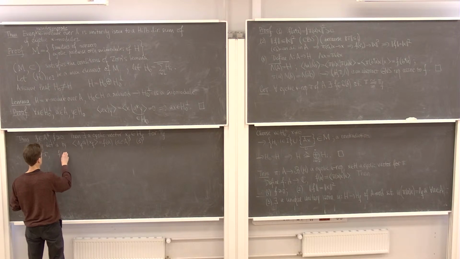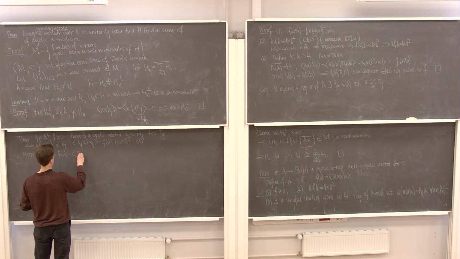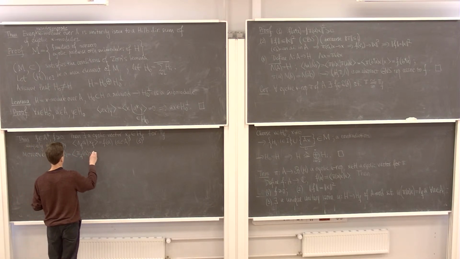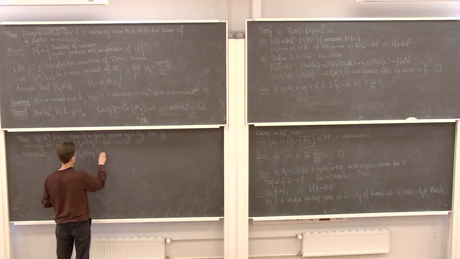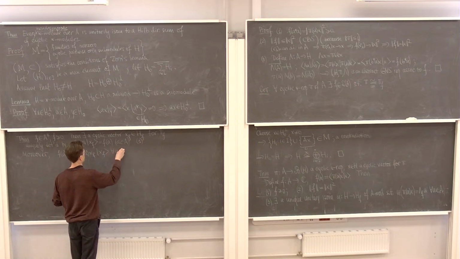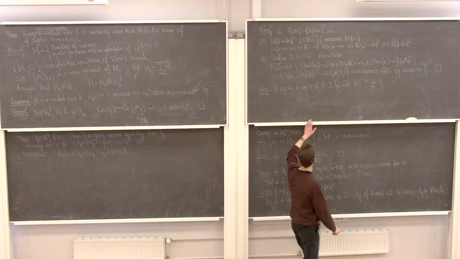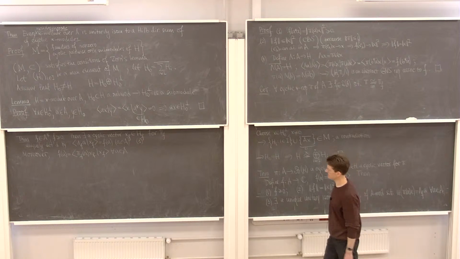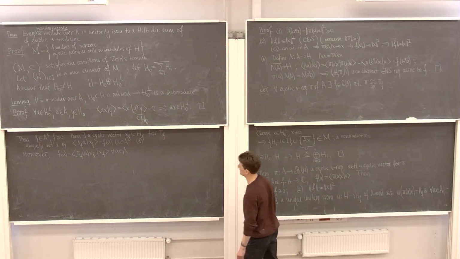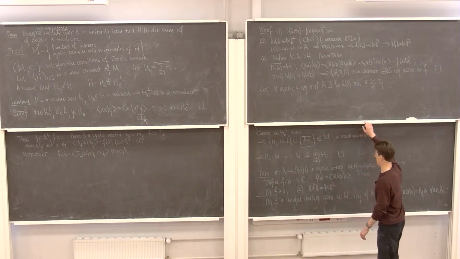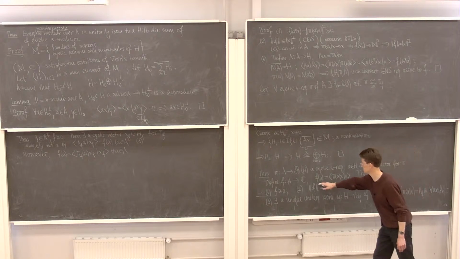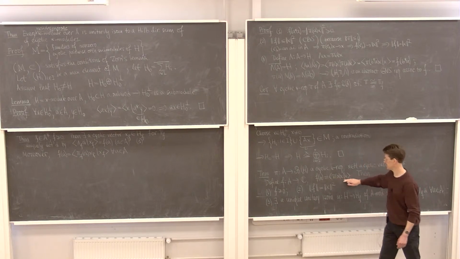F of A is equal to the inner product of pi of A xf and xf for every A. So in other words, f and x are related in exactly this way, like in the previous theorem.